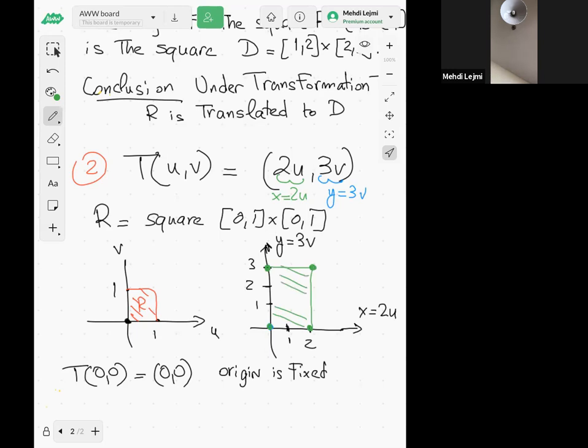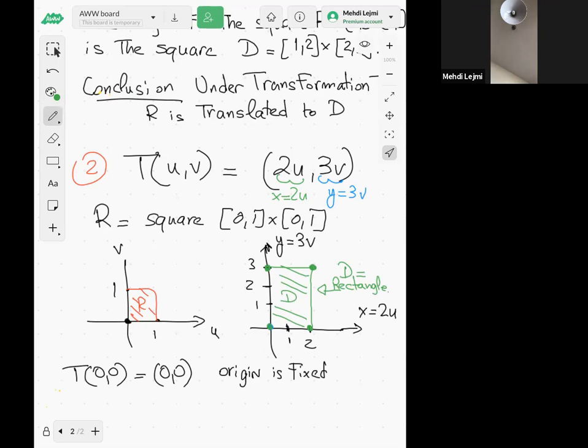So now the image of my square R is not a square anymore, right? It's a parallelogram. It's actually a rectangle. So this is my rectangle, D. So here D is a rectangle. What I'm saying, guys, is that this transformation in this case would fix the origin, but it's going to stretch all the other vertices.